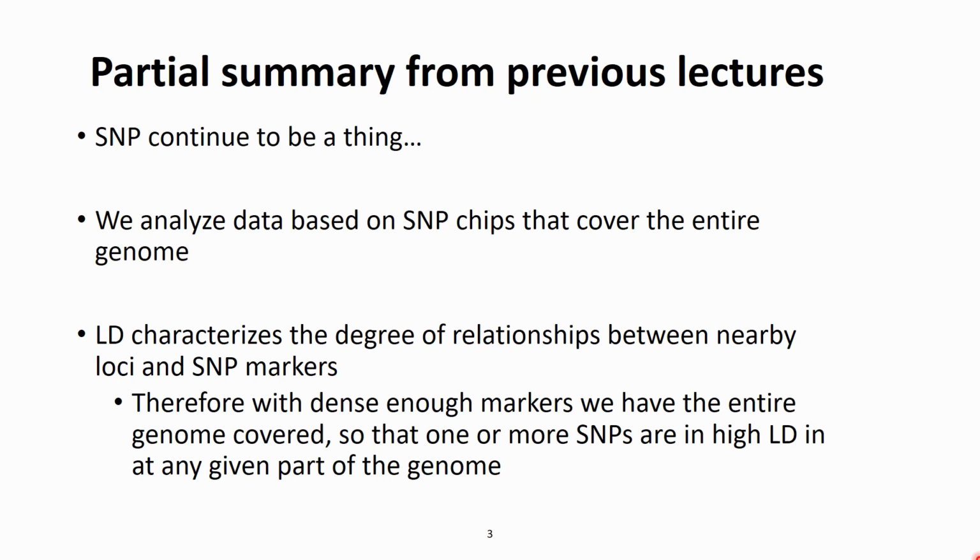Because we have this dense SNP chip data, which covers the entire genome, we have dense enough markers to have the entire genome covered. This means that we can be sure that one or more SNPs are in high LD with any given part of the genome. And this information will be instrumental and extremely important to understand genomic selection.